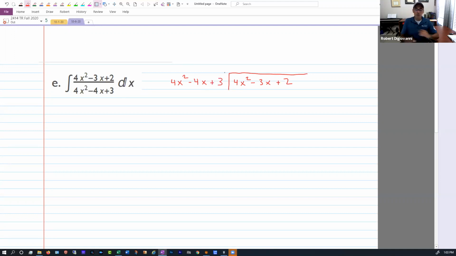Now, I'm not going to do the long division. You could do that, but for this problem I actually see something we could do that would be really clever. So I'm going to write this down.